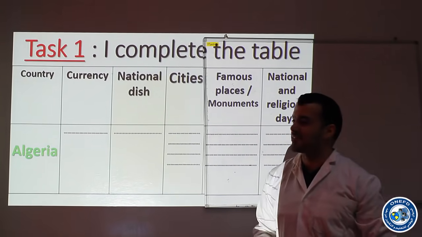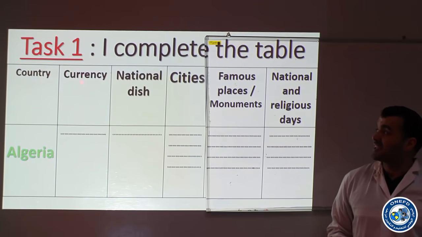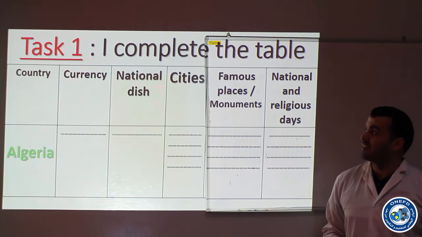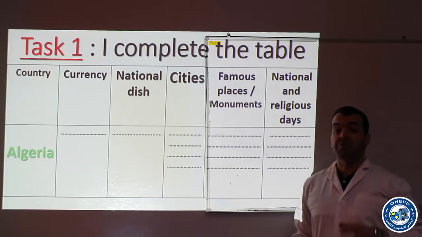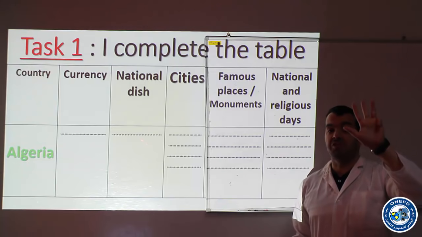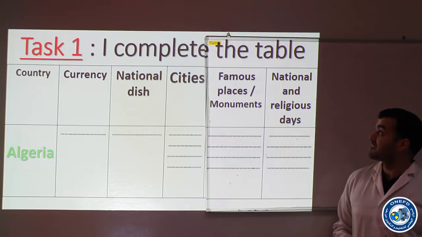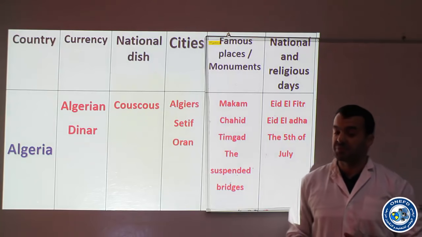Time is up. So, task 1, complete the table. What is the currency of Algeria? What is the national dish of Algeria? Try to name 3 or 4 cities, famous places and monuments, and national and religious days. Let's correct.